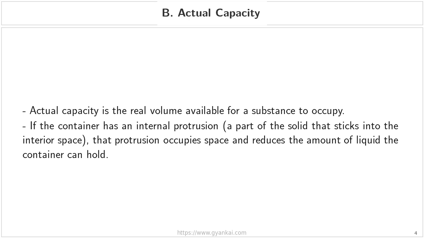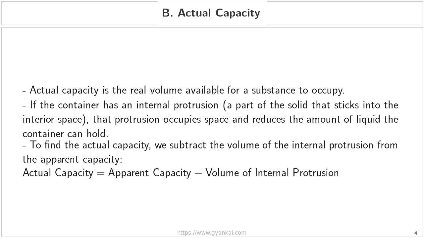Sometimes, a container has what we call an internal protrusion. This is simply a part of the solid material that sticks up or pushes into the interior space. Because this protrusion is made of solid material, it takes up space that would otherwise be available for liquid, effectively reducing the total amount the container can hold. So, how do we calculate this mathematically?